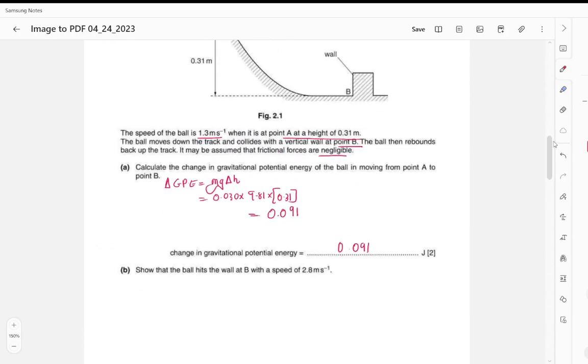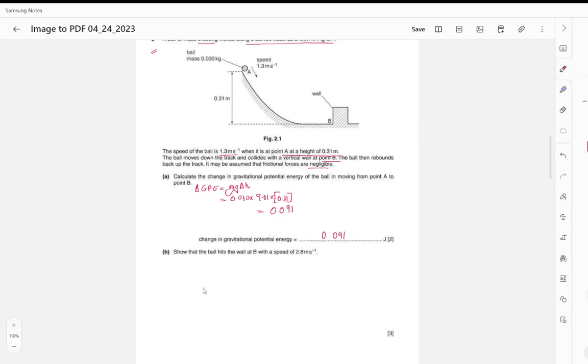So we are just going to be writing this down. First of all, let's just zoom out a bit so that I can copy these values over here. Initially we had mgh plus KE initial must be equal to KE final at B. So mgh is 0.091.